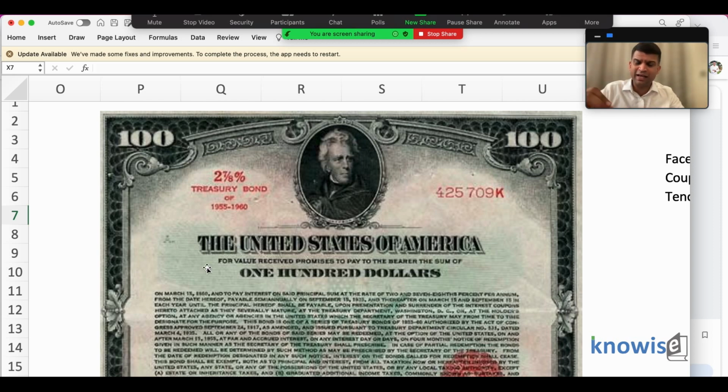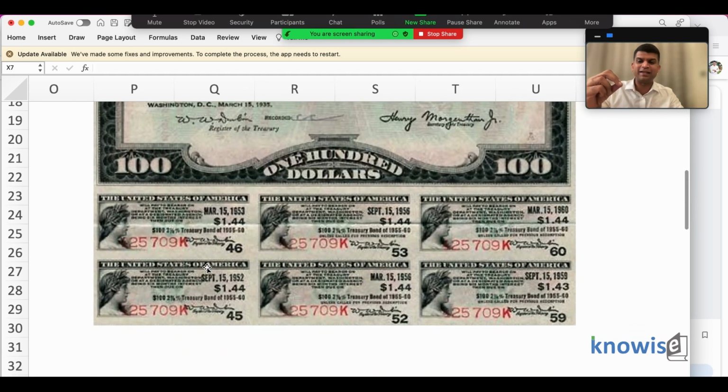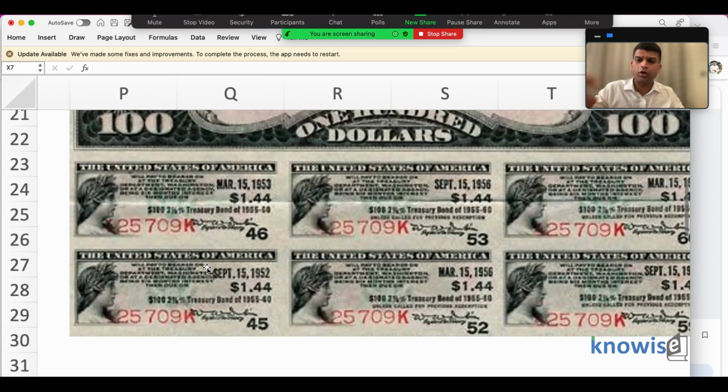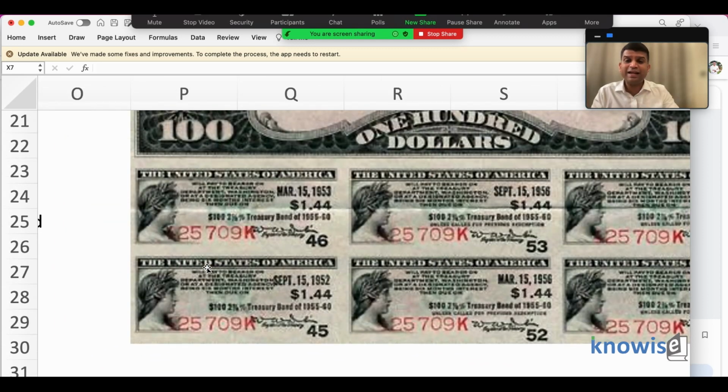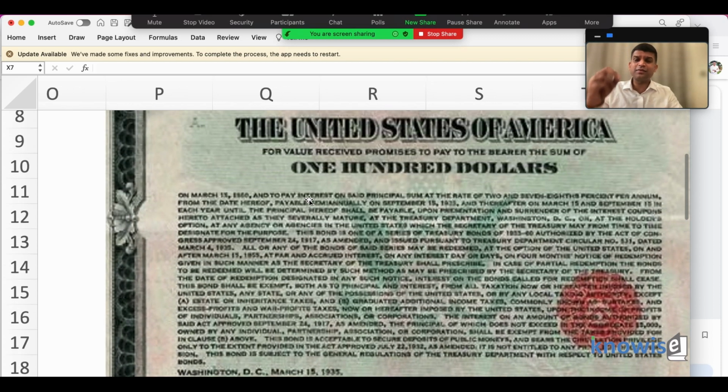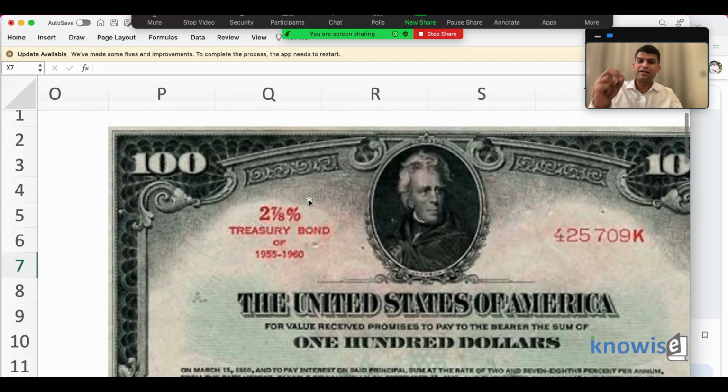If you examine this bond in detail, right at the bottom of the bond, physical interest coupons are attached along with the date of payment of the interest. So what does it mean? The interest paid by this bond is closer to 3% of face value. So interest is already calculated as a percentage of face value, and that is already printed and given away.